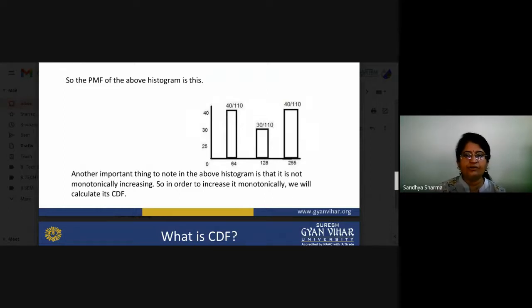Another important thing to note in the above histogram is that it is not monotonically increasing. So, in order to make it increase monotonically, we will calculate its CDF. What about the CDF?